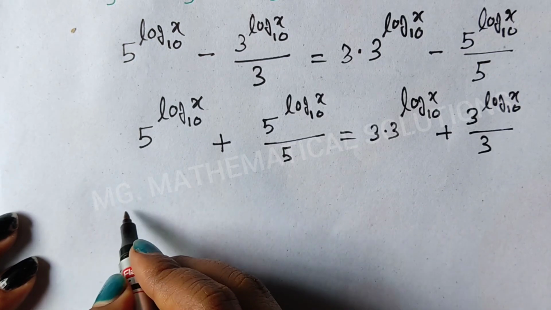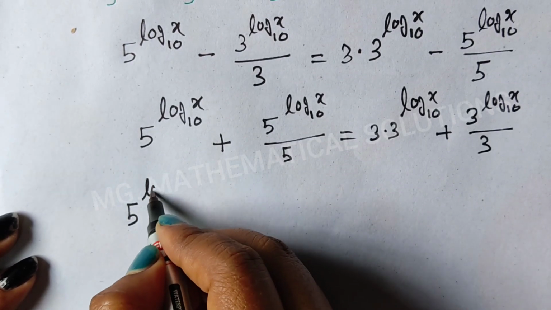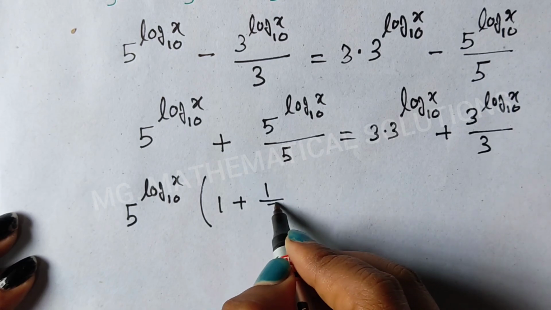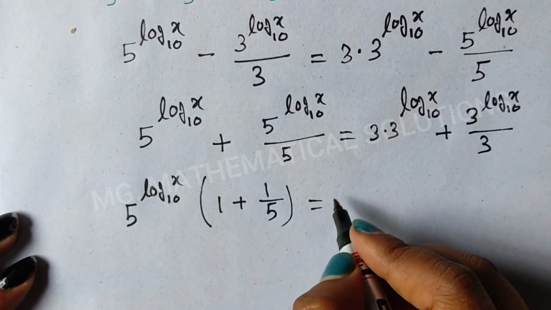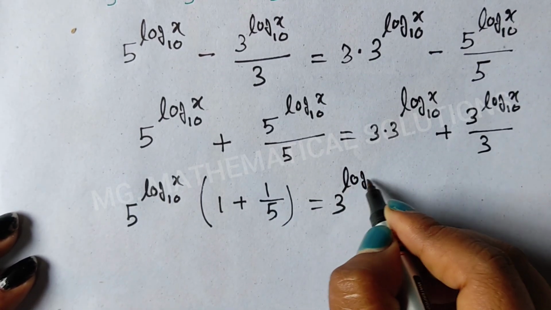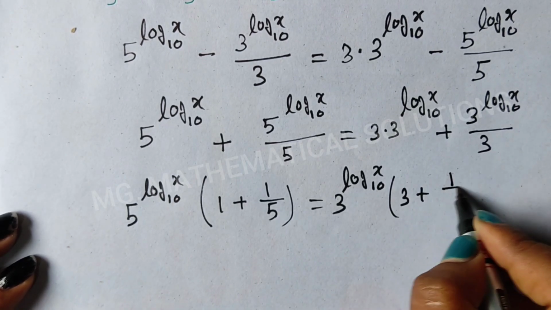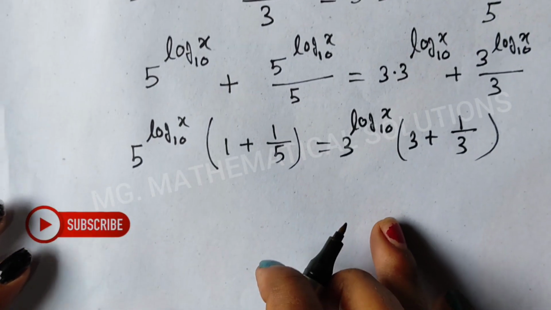Now we take common 5 to the power log x base 10: 1 plus 1 by 5 equals, taking common 3 to the power log x base 10, 3 plus 1 by 3.